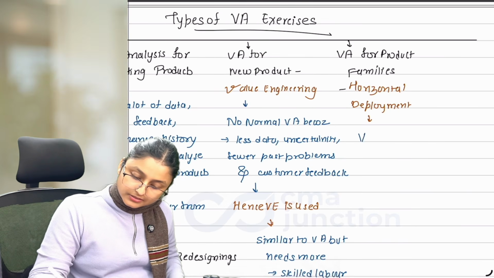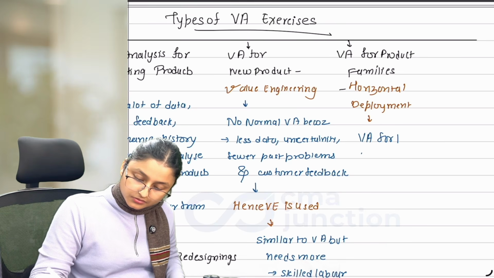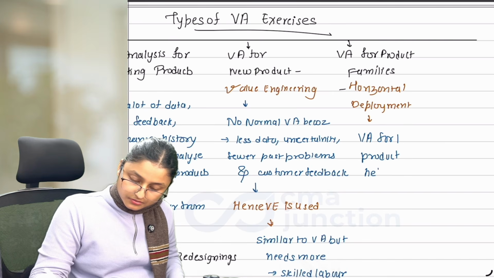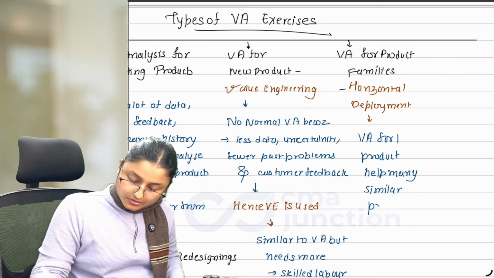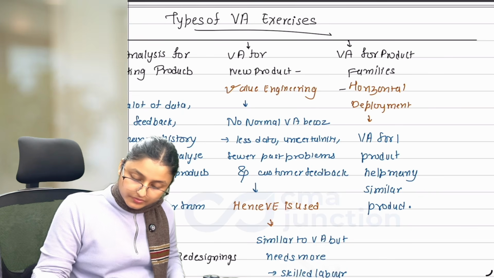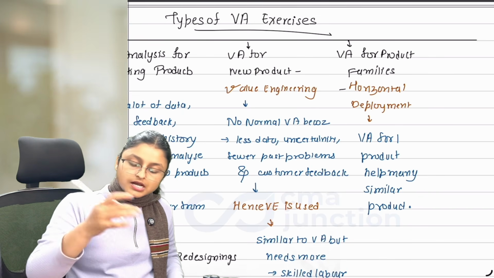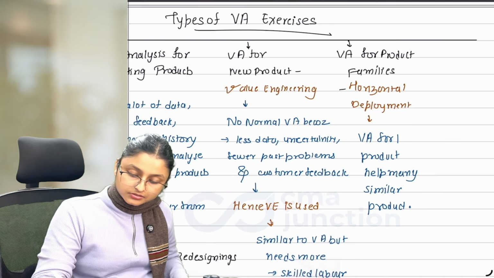Value analysis for one product helps many similar products. So value analysis is done on one product, but its benefits are taken for many similar products.